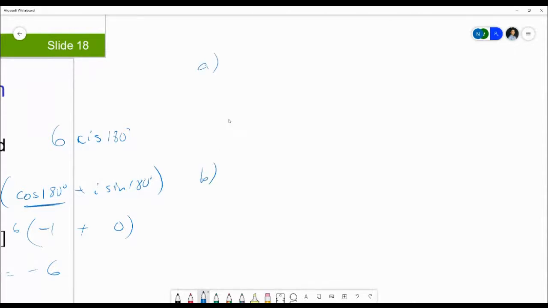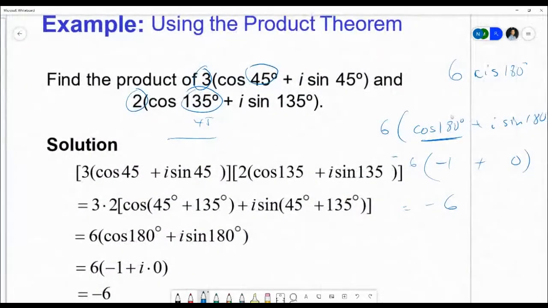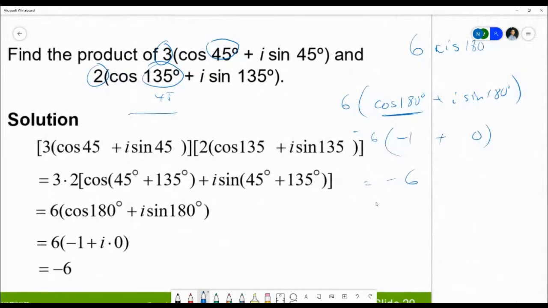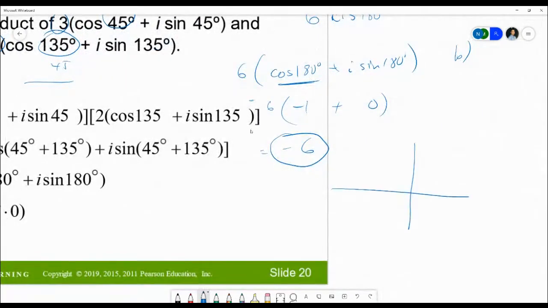Hey, Professor, before we continue, can you explain to me, when we find -6, what is that value in terms of the complex plane? Because it really helped me when you went through the vector and showed that the dot product was a scalar and not a magnitude. So what is this like? This is a resultant vector from multiplying those two together. So 6 is just right here, -6.